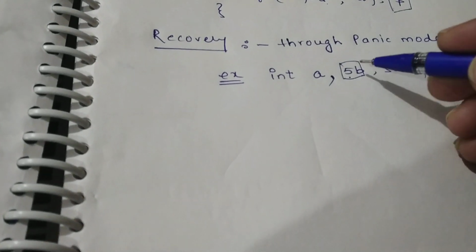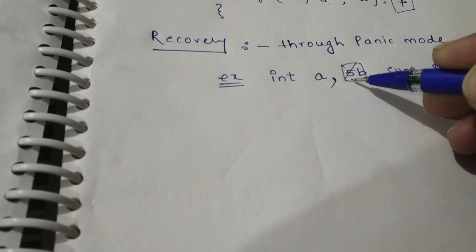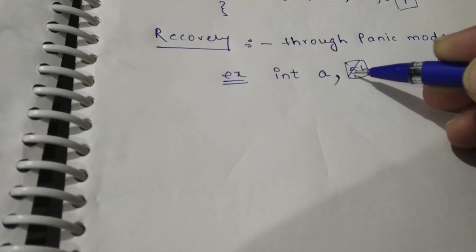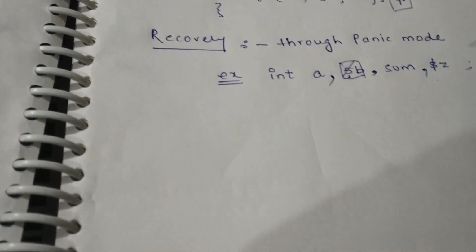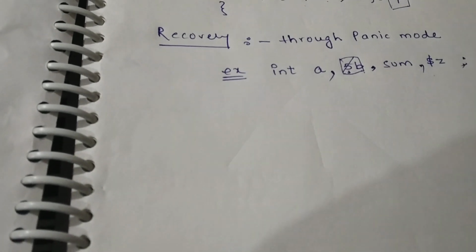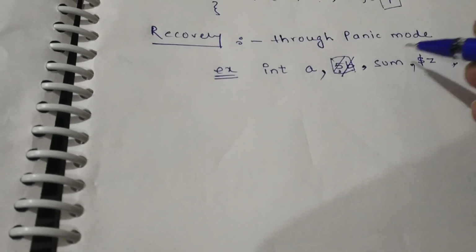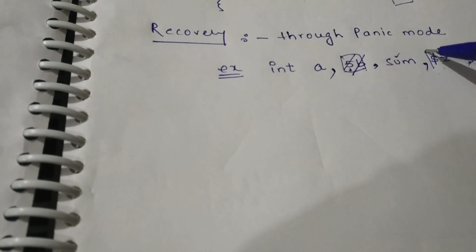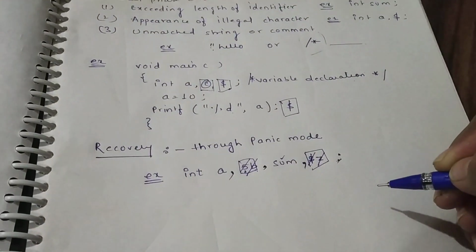So in panic mode, this is discarded, and it is scanned from left to right until the comma or semicolon is encountered. So b is also discarded. Next, sum is right. Again, dollar and z are discarded in the panic mode. So this is all about the lexical phase error in panic mode.